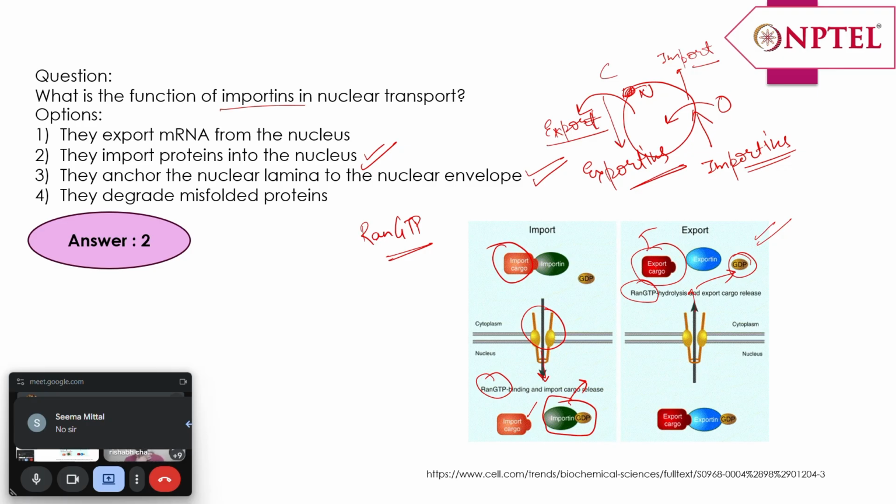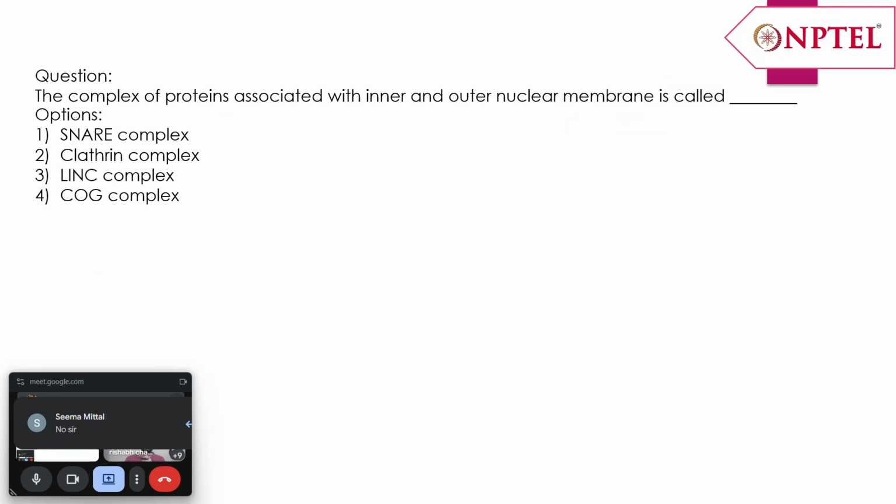Okay, so let's move on to the next one. The complex of proteins associated with the inner and outer nuclear membrane is called. So, what can be the correct answer? Okay, any more answers?